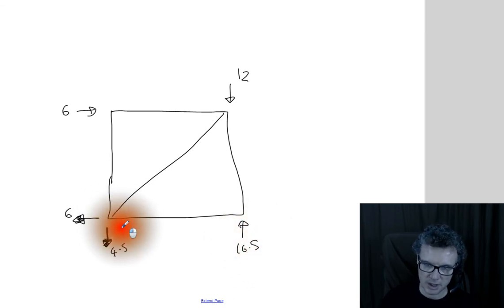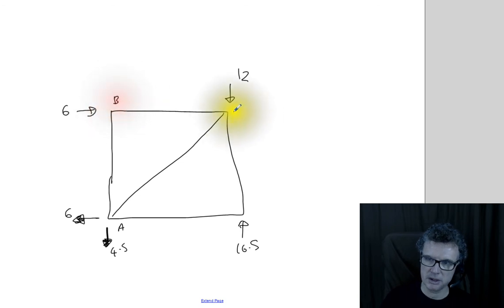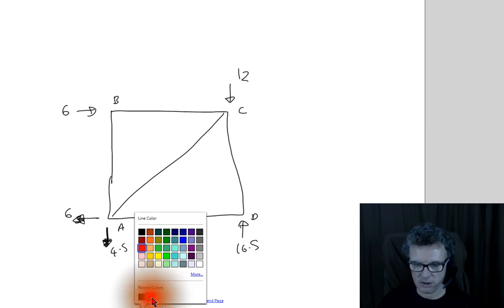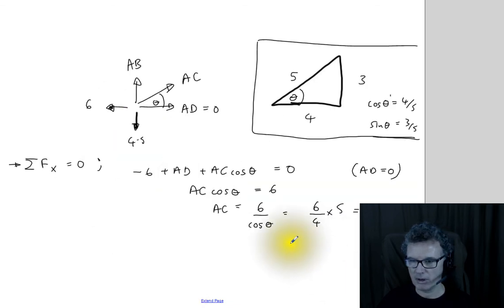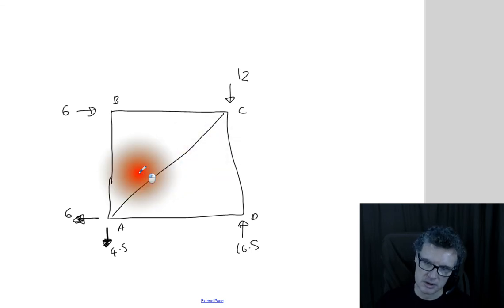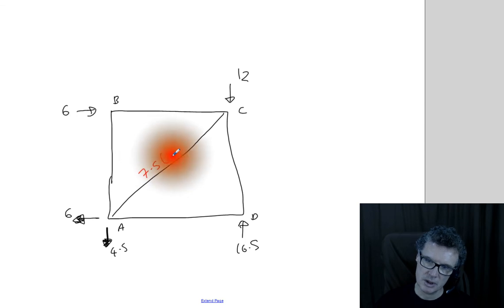I'm calling this A, B, C and D, and now we can put numbers of what's happening to the bars in this framework. So I found here, for example, that AC is 7.5 newtons in tension.